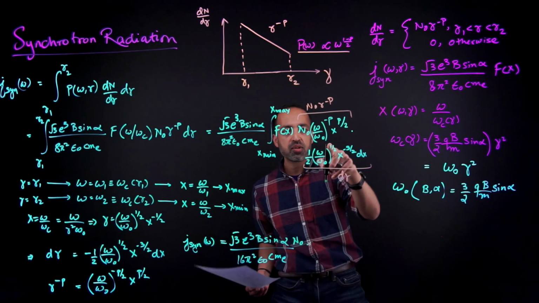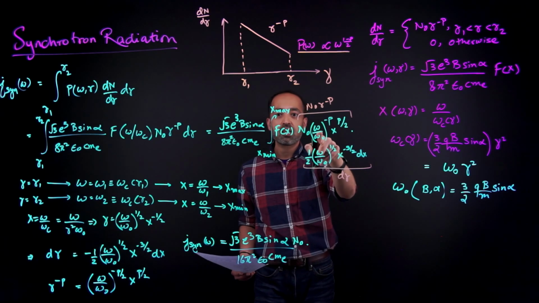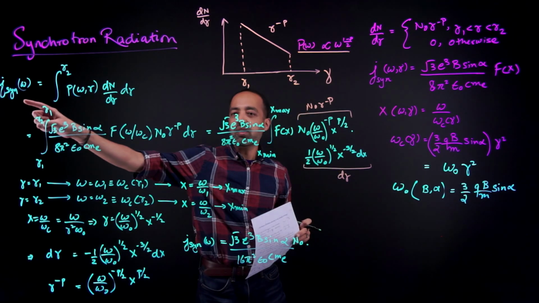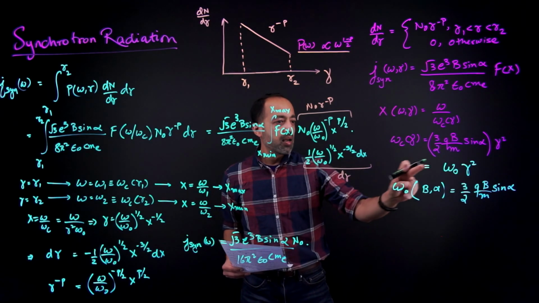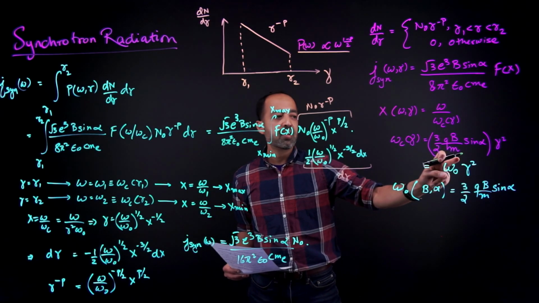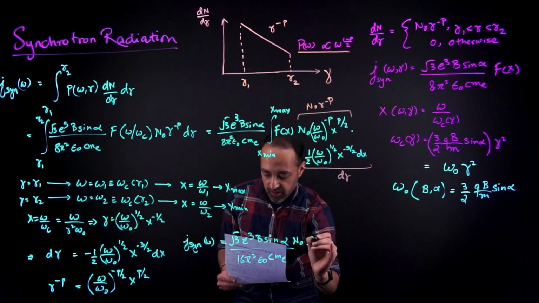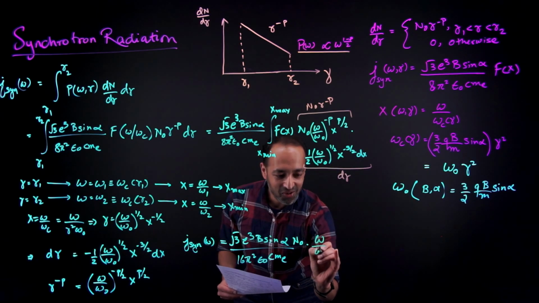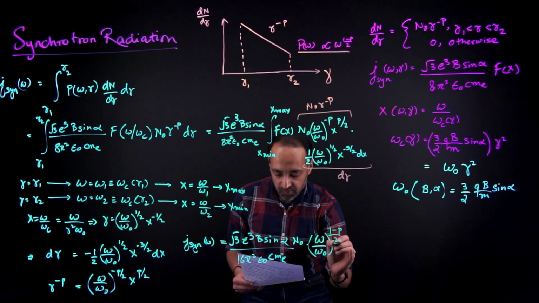So let's pull out. This integral is over x, and it doesn't depend on omega. Omega is just a fixed value at which we calculate the spectrum. So we can pull out all omegas. Omega naught doesn't depend upon x, so we can pull out the omega naught as well. And so we have the most interesting part is already done. We have omega over omega naught to the power of (1 minus p) over 2.